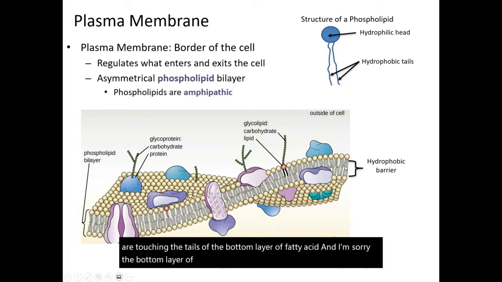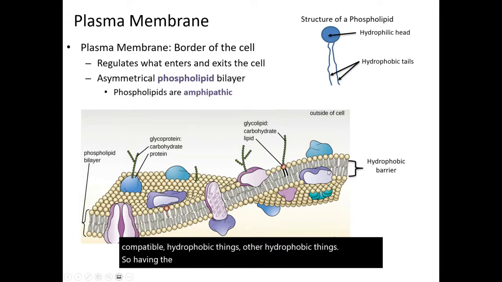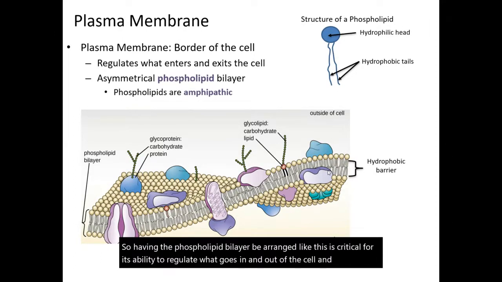That's because the hydrophobic tails always want to be in touch with each other because they're compatible. Hydrophobic things like other hydrophobic things. So having the phospholipid bilayer be arranged like this is critical for its ability to regulate what goes in and out of the cell. And that's because it forms a hydrophobic barrier.